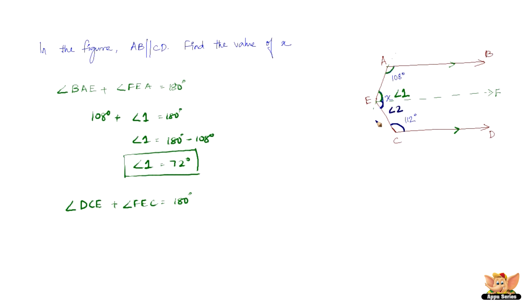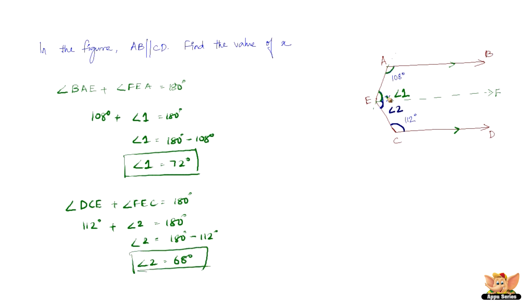Let us name this angle 2. Therefore, we have angle DCE as 112 degrees and angle FEC as angle 2. Angle 2 equals 180 degrees minus 112 degrees, which is nothing but 68 degrees.